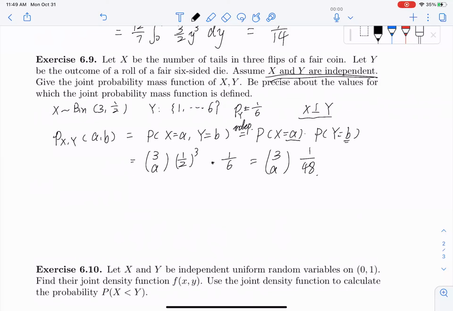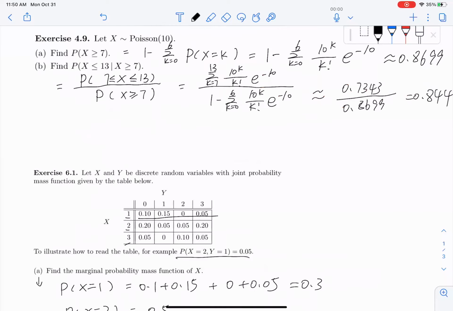But you need to specify the range of a and b. So a can be 0, 1, 2, 3, right? They are the number of tails in 3 flips. So it could be from 0 to 3. And b takes values from 1 to 6. So this last step is very important.